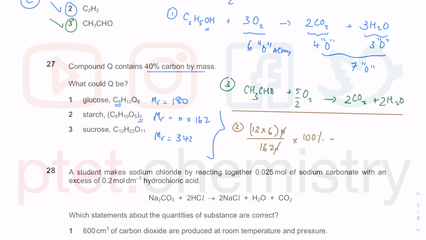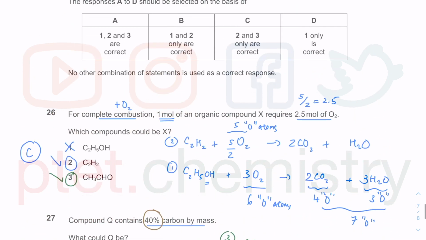The N and the N still cancel, but 12 times 6 is 72 divided by 162 times 100%. Now I do have 44.4%. This is not 40%, and therefore since you want 40%, number 2 is wrong. If number 2 is wrong, therefore the only option must be D, because there can only be one answer there.